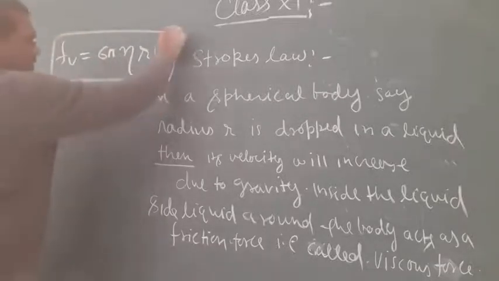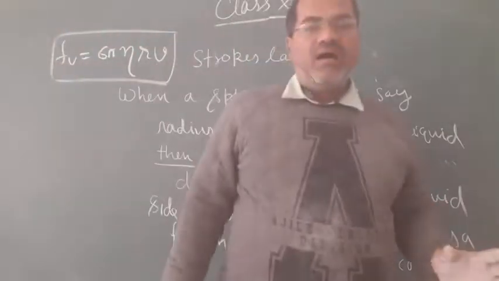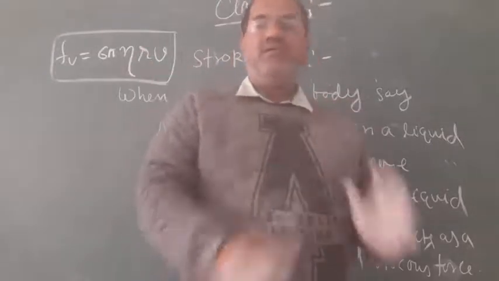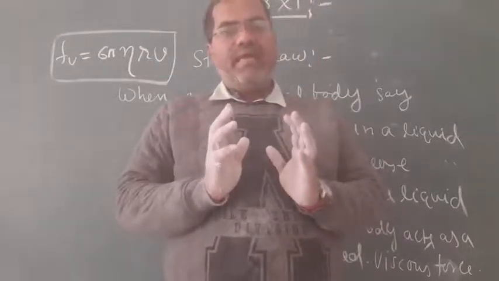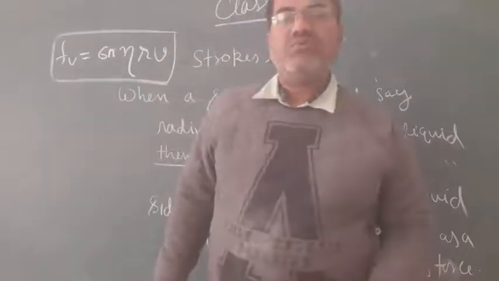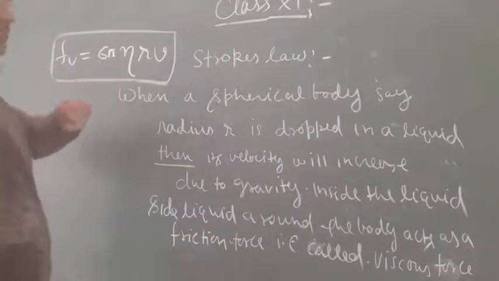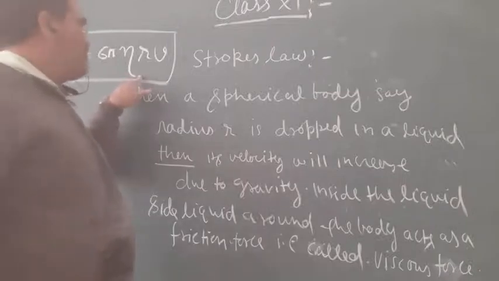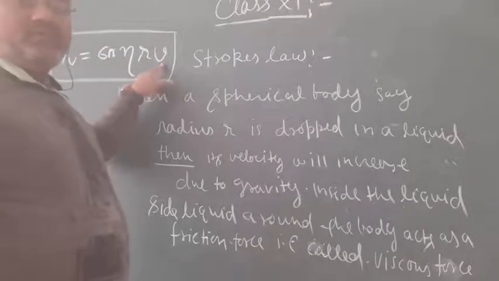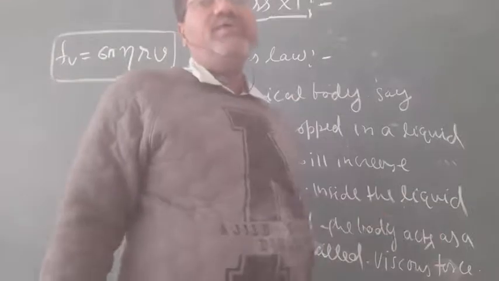You have to remember that. Here eta is the coefficient of viscosity, r is the radius of the body, and v is the speed which increases inside the liquid due to gravity.